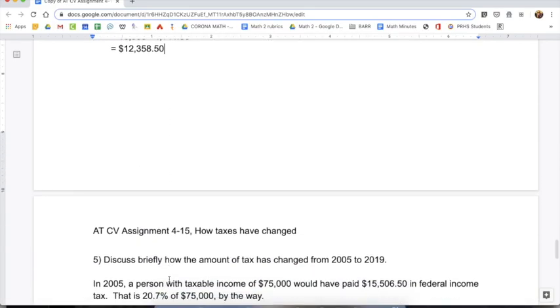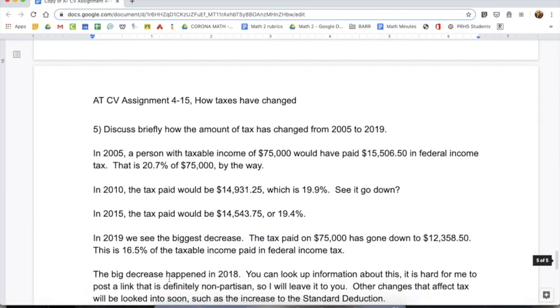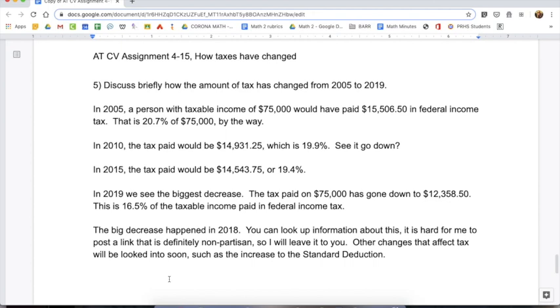Let's jump to the end here. If you need the answers to the other questions, they're in this explanation, and you can contact me if you need help doing the work. So in 2005, we saw that the $15,506 was 20.7% of the taxable income. In 2010, if we calculated it, it would be $14,931.25.